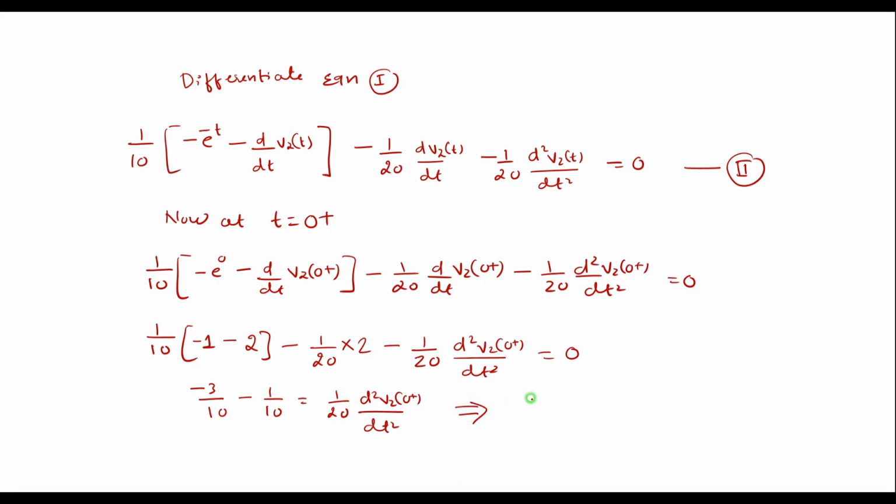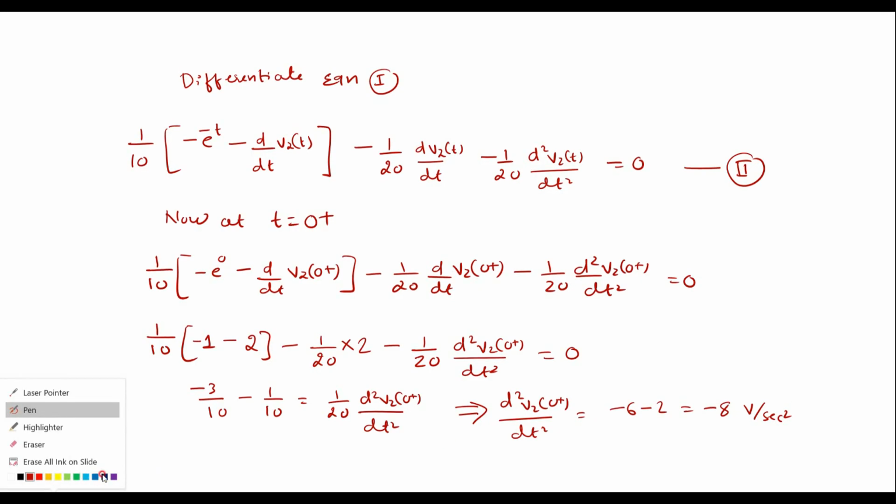I'll send this 20 to the other side, and we get d square V2 of 0 plus by dt square is equal to, 20 by 10 is 2, this is minus 6 minus 2, which is equal to minus 8 volt per second square.